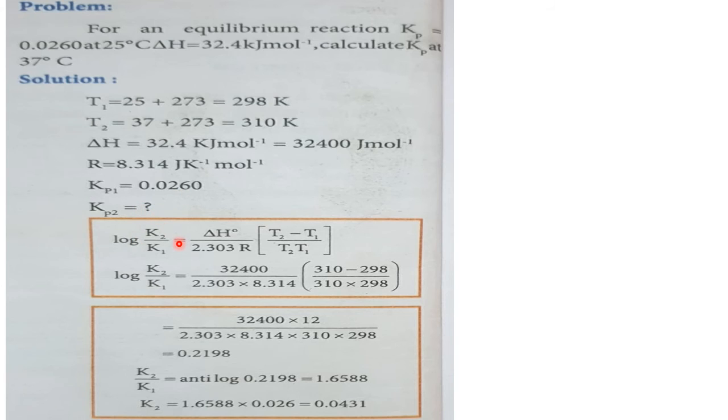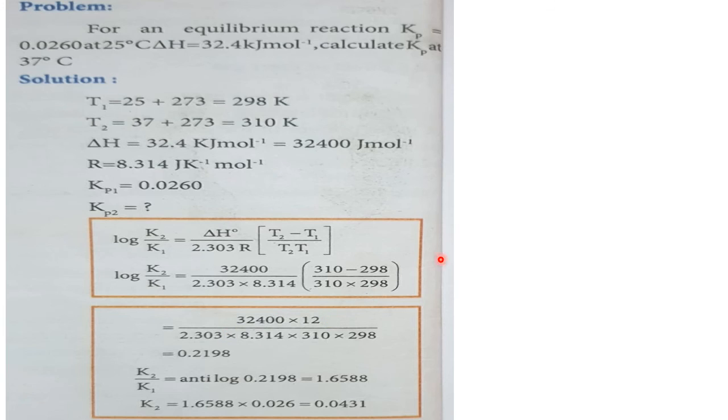You already know the Van 't Hoff equation: log K2 by K1 is equal to delta H0 by 2.303 R into T2 minus T1 divided by T1 T2. Substituting the values, delta H0 is given in joules per mole, 32,400, then T2 minus T1, 310 minus 290, divided by 2.303 into 8.314 into 310 into 290.